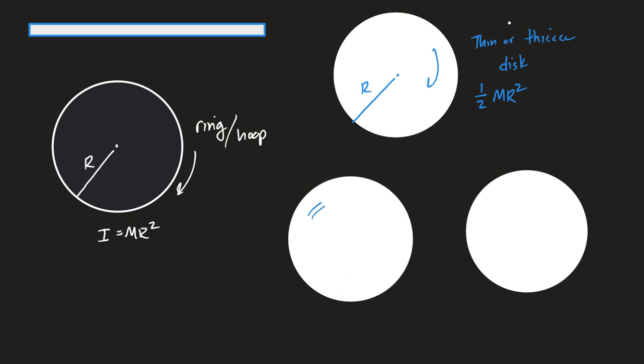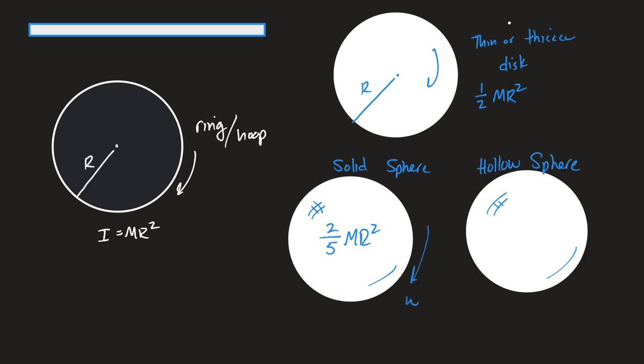Then we've got spherical objects. So there's solid spheres or a hollow sphere. So a solid sphere like a golf ball, bowling ball, even a baseball, softball not so much, but they would all have a moment of inertia of a solid sphere, which is 2/5 mr squared.